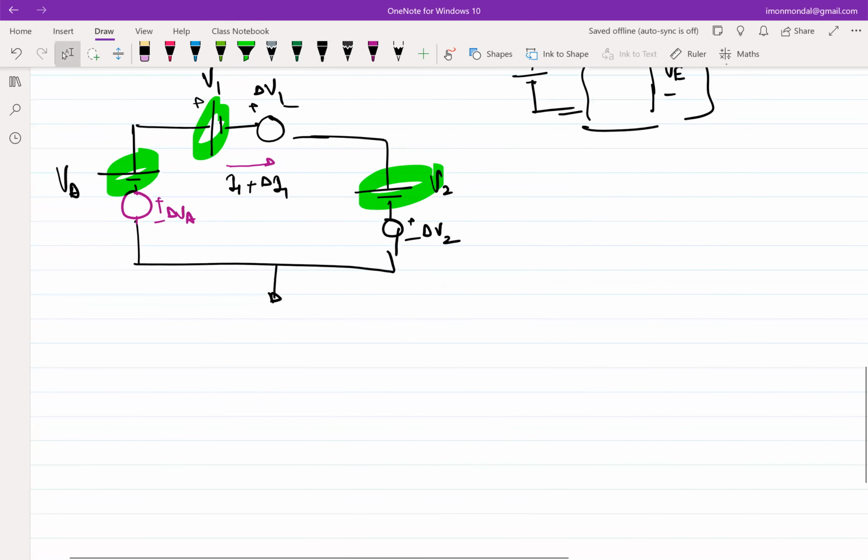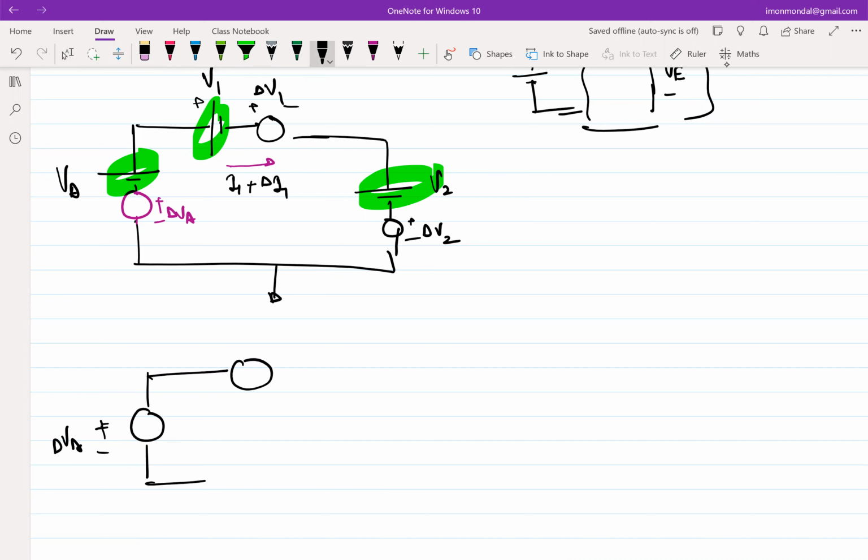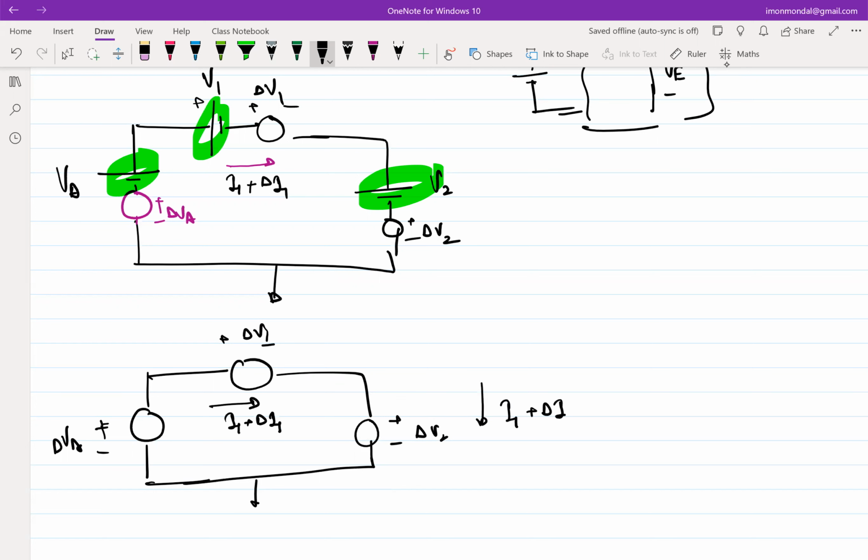So essentially what we are left with is delta VA, delta V1 and delta V2. And on top of that, you have currents of I1 plus delta I1. Here you have I1 plus delta I1. Here you have I1 plus delta I1.